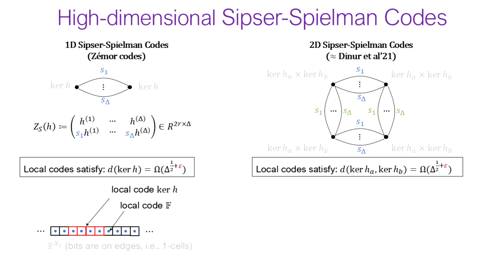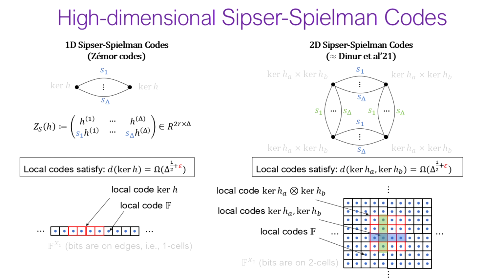In this code, we also require this property that I call two-dimensional distance, and it grows at least as a square root of n. This is not what was shown in all those papers; I just try to summarize and conceptualize what was shown. You also get a kind of two-dimensional analog of the Sipser-Spielman code.